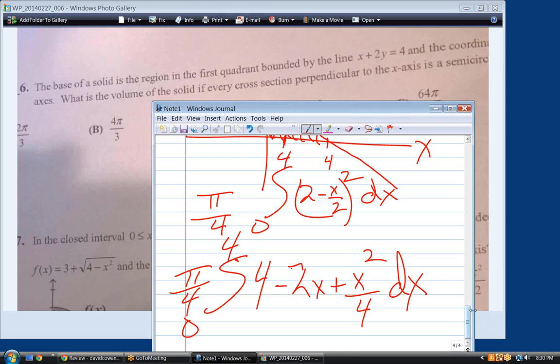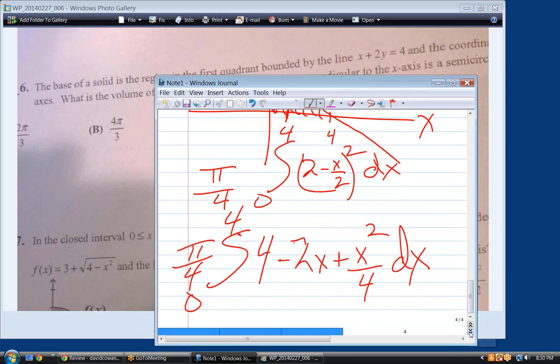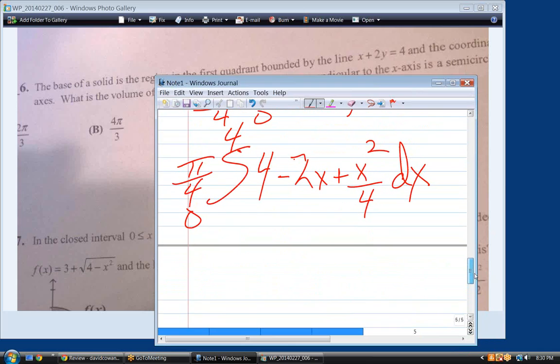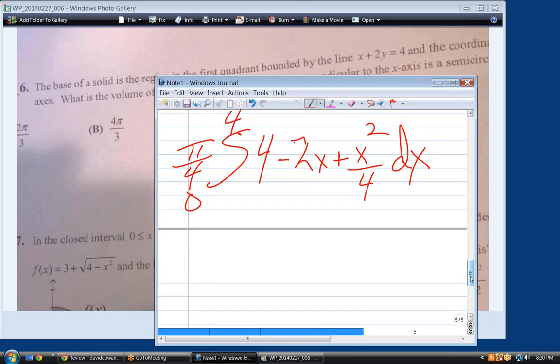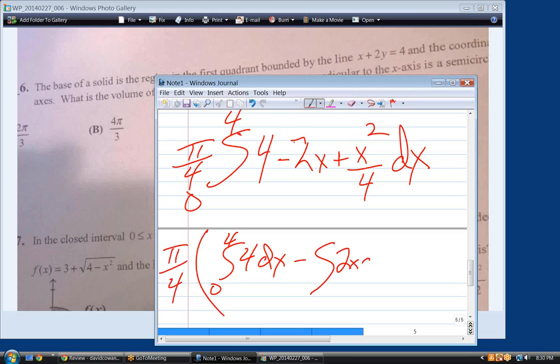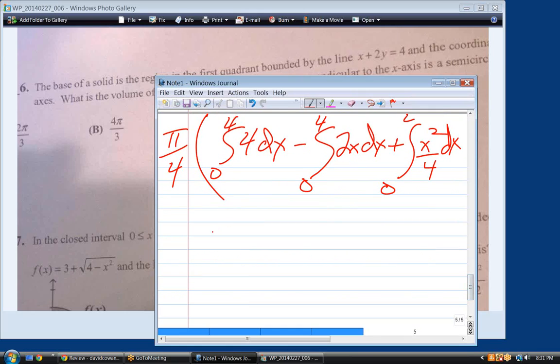dx. Now we have the integral of the sum of 3 things, which is equal to the sum of the integrals. So this is 0 to 4 of 4 dx. This is the integral of 2x dx from 0 to 4. And we're adding the integral of x squared over 4 from 0 to 4 dx. What's the integral of 4?